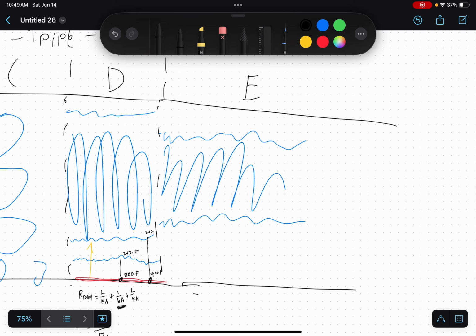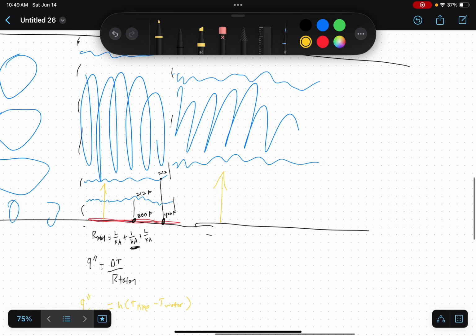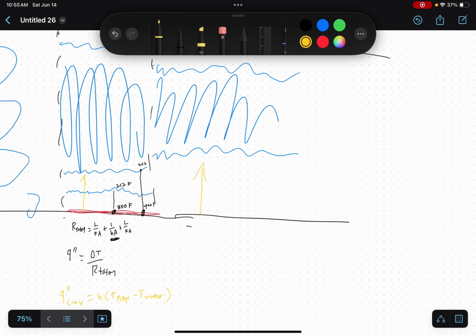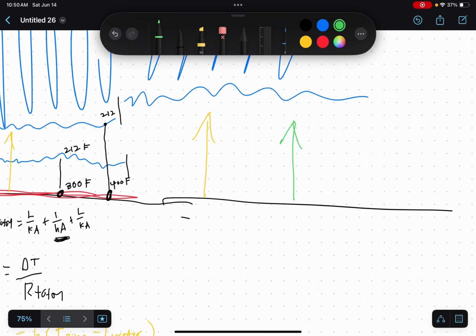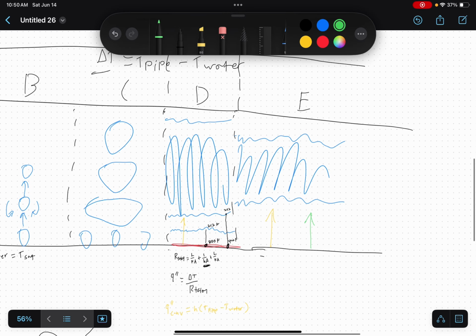So the vapor layer will be thicker. But now, in addition to the convection, we also have radiation, because the wall temperature is so much hotter than the water temperature that radiation will come into effect.